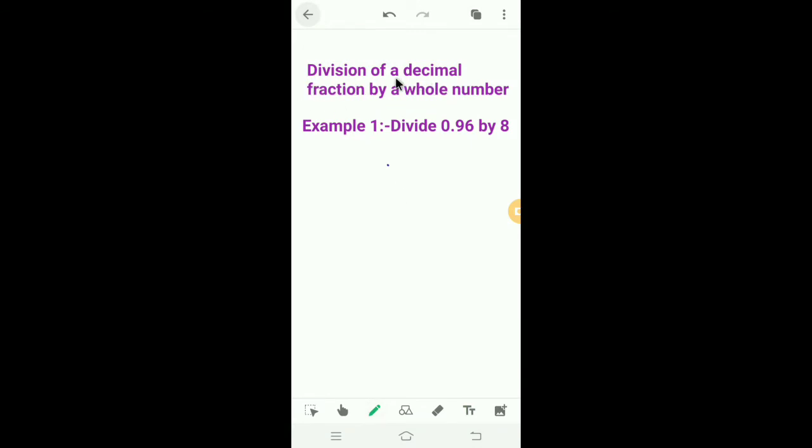Let's learn division of a decimal fraction by a whole number. For example, divide 0.96 by 8.